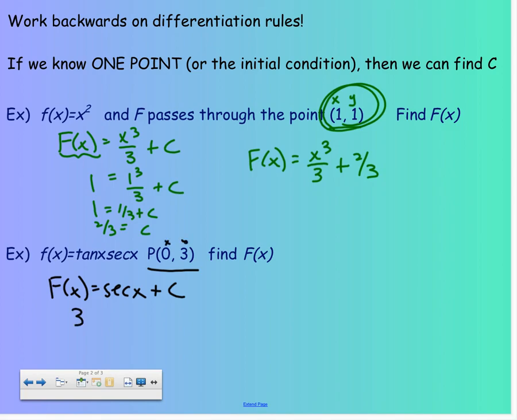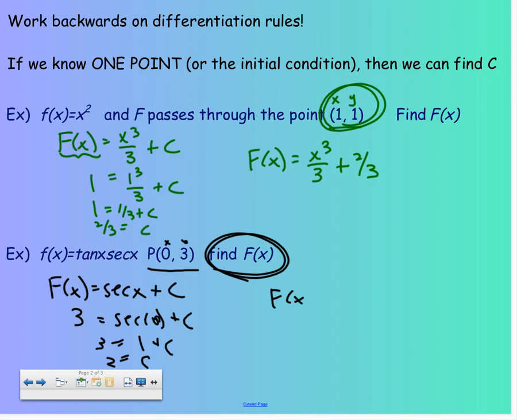So y is 3 when x is 0. What is the secant of 0? Let's see, think about the graph. That would be 1. And so here, c is 2. Our job isn't to find c. Our job is to find f of x. So f of x equals secant of x, not plus c, but plus, what do we find our c to be? 2.